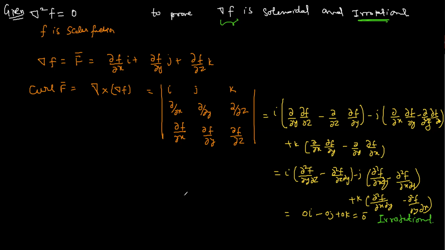Okay. Now we will prove that this is solenoidal. Understood? You have to prove both irrotational and solenoidal, right? Now I tell you how to prove solenoidal. Up to here, understood? For irrotational, curl must be zero vector.